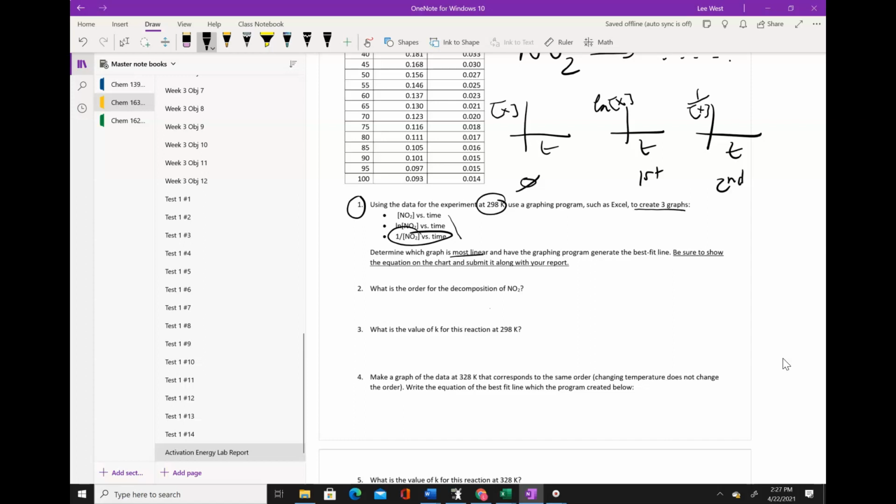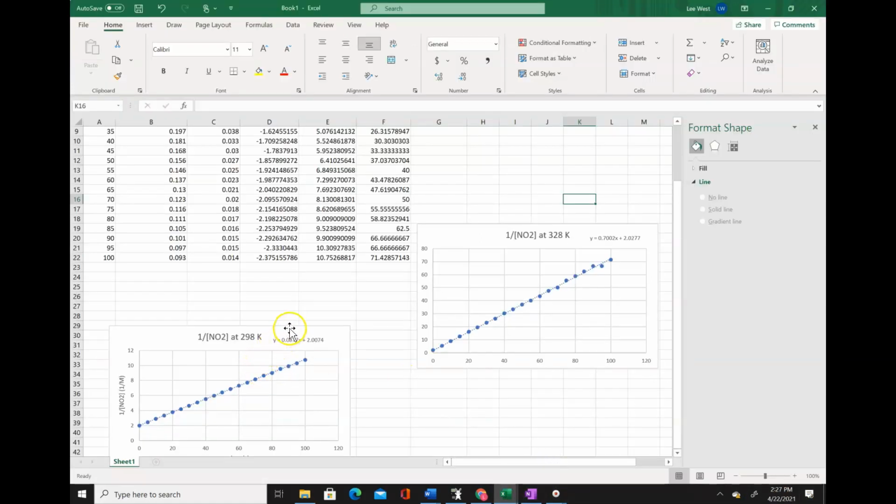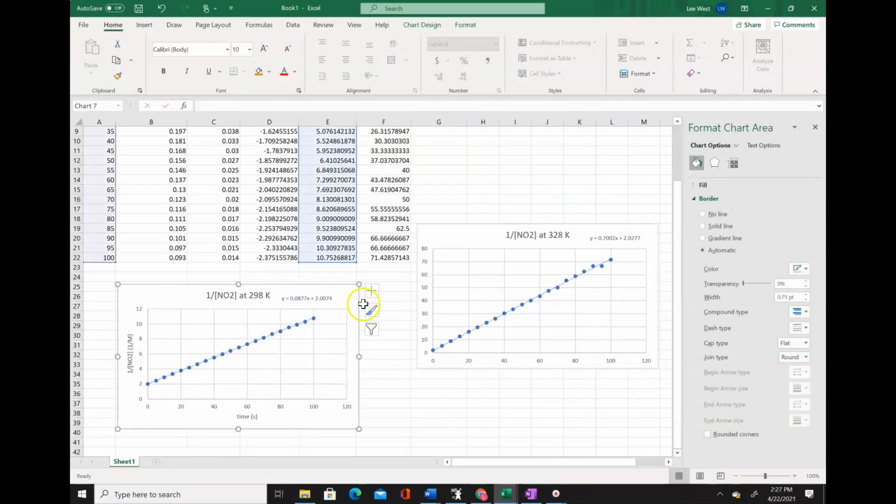And have the graphing program generate the best fit line. We did that. Be sure to show the equation on the chart and submit it along with your report. So we've got all of that worked out, haven't we? There it is there, right? There is the linear graph, and we've got the line of best fit. We've got all of our axes, titles, and everything with our correct units.